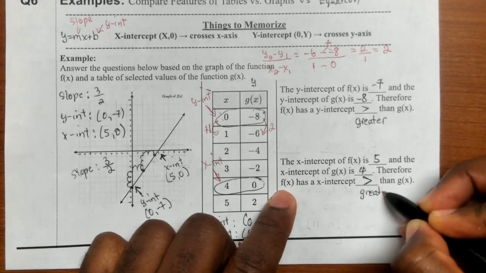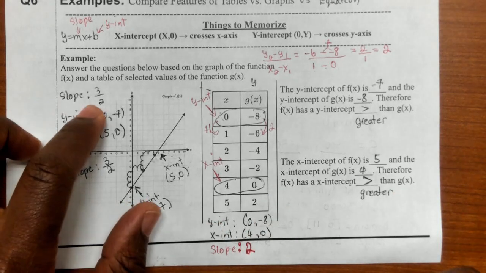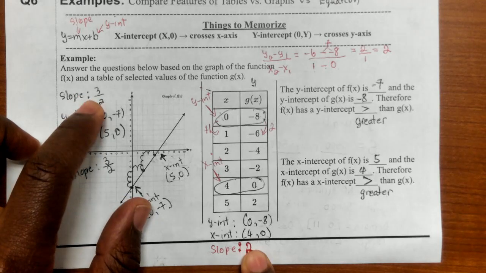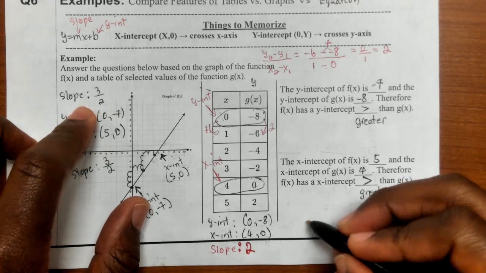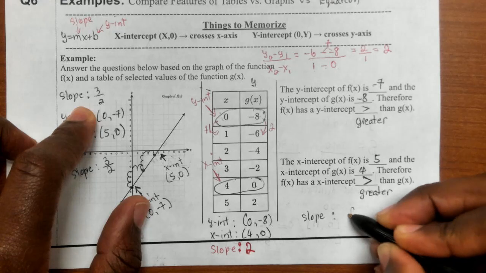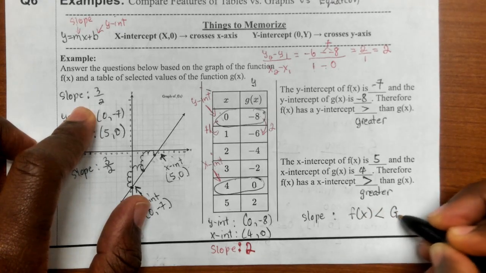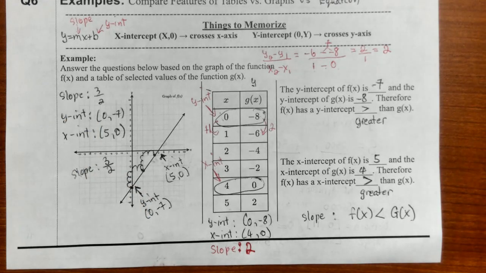Then for the slope, this one is 3 over 2 and the slope for this one is 2. 3 over 2 is the same as 1.5, and 1.5 is less than 2. So for the slope, f of x would be less than g of x. And that is how you do this question.